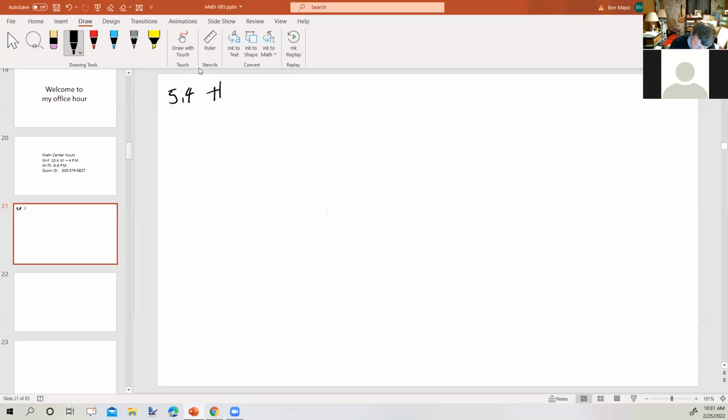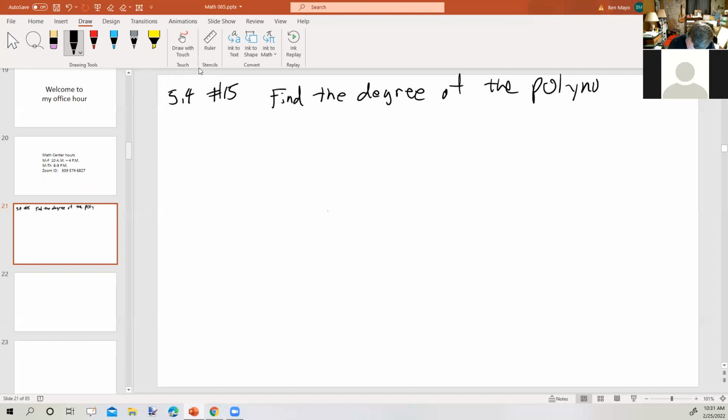5.4, number 15. The directions say, find the degree of the polynomial. And we have 16ab to the 7th minus 18a squared b.